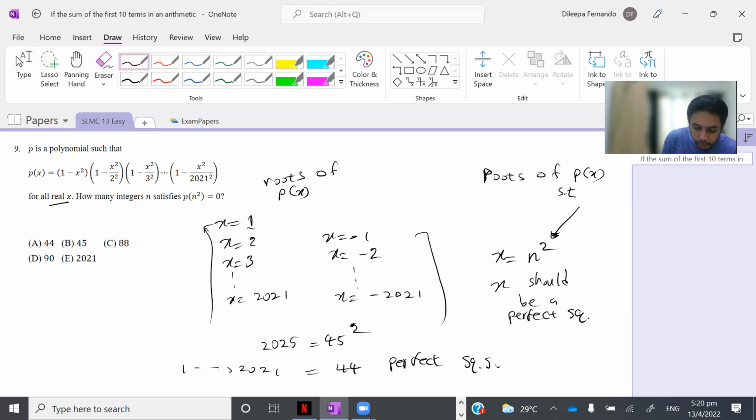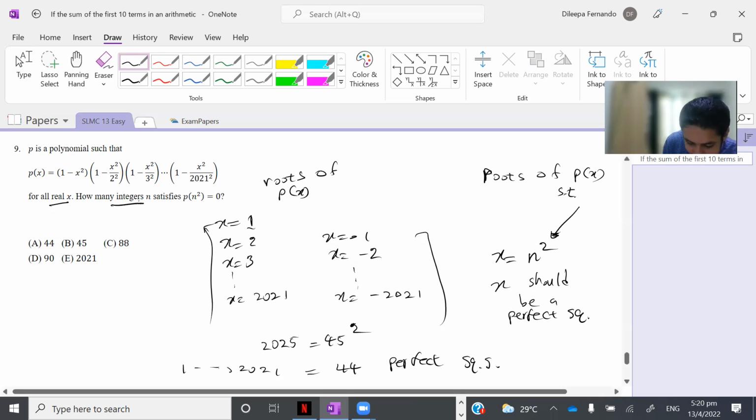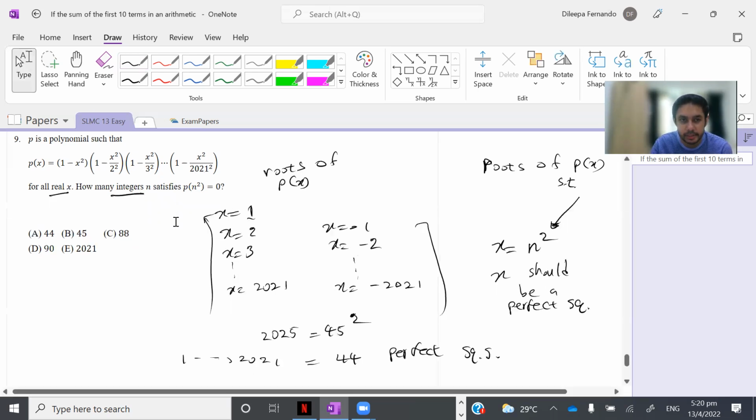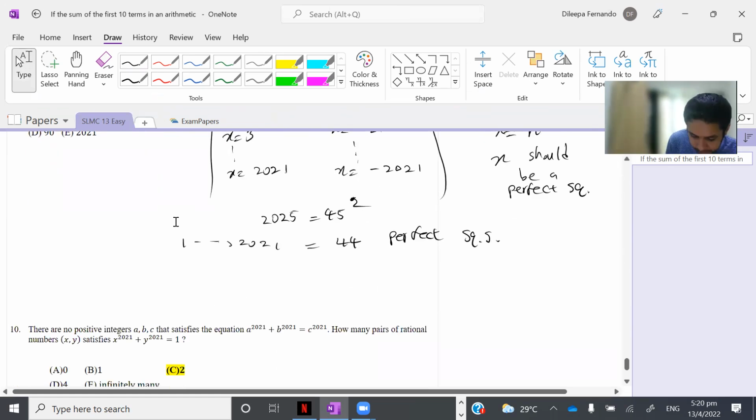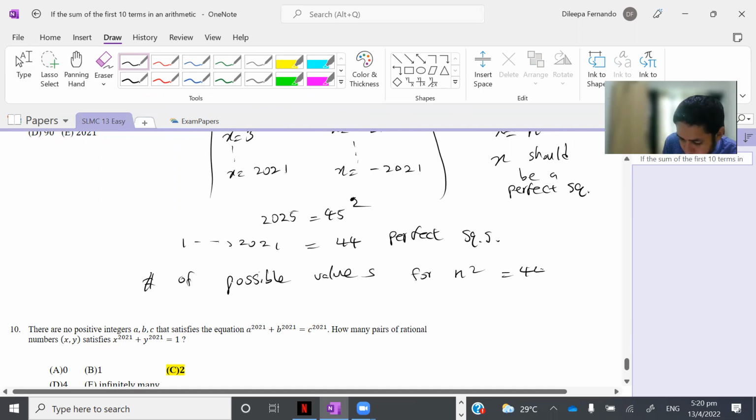No. We are going to find how many integers n satisfy this. So we have found the number of possible values for n squared equals 44. But for the number of possible n's for 44 n squared values, we should consider the minus root as well, right?